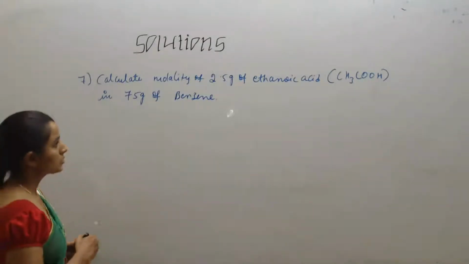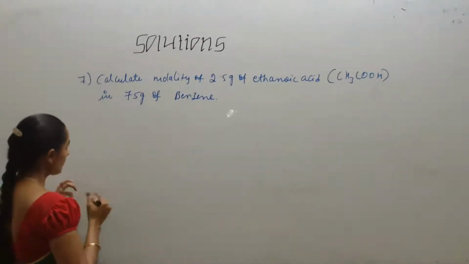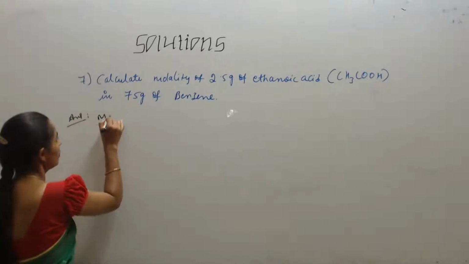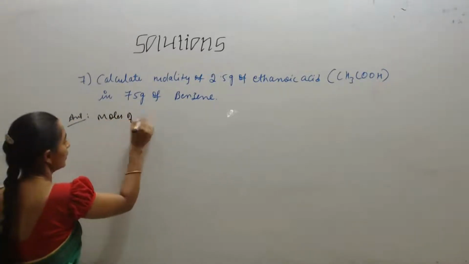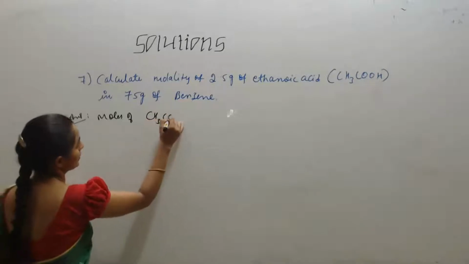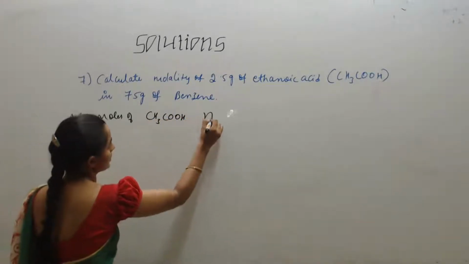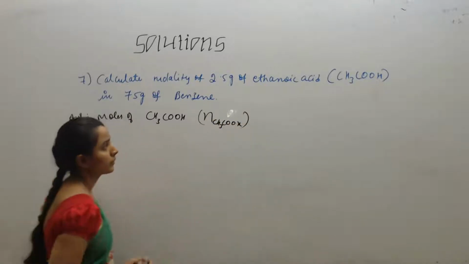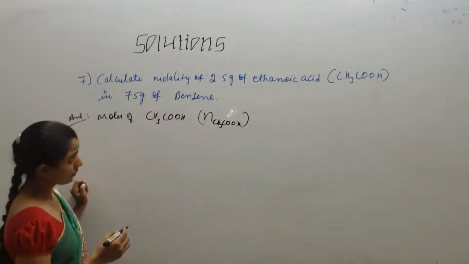Okay, students, for this you have to check the moles of ethanoic acid, that is CH3COOH. How?